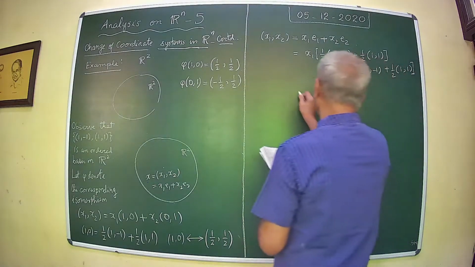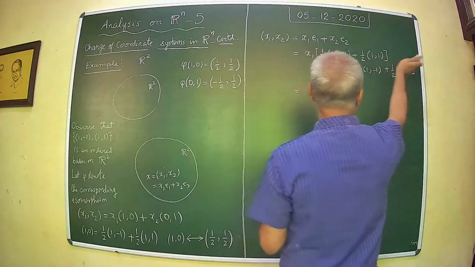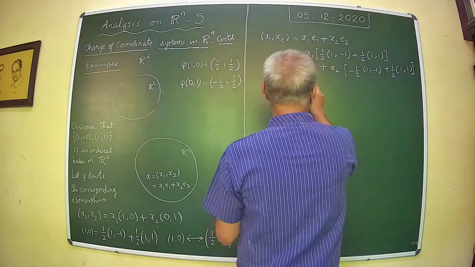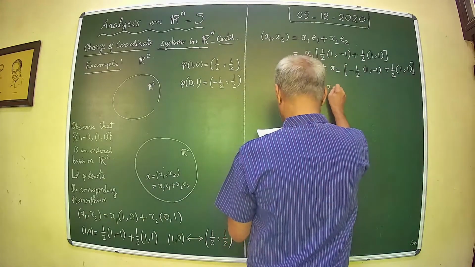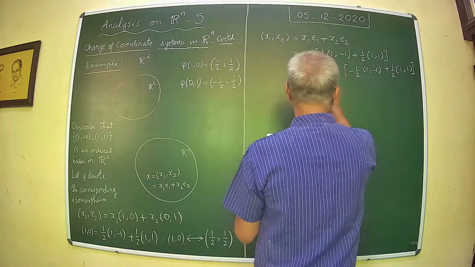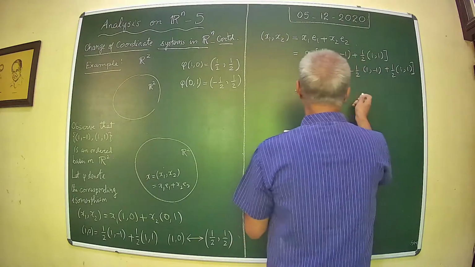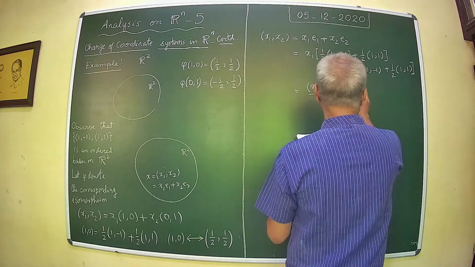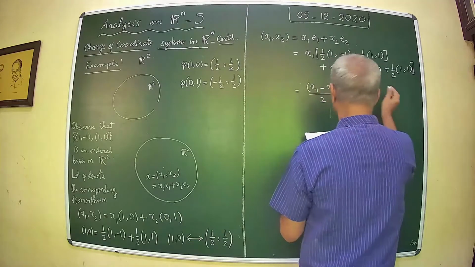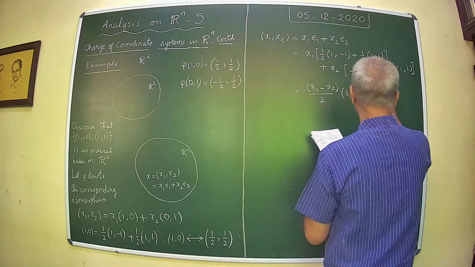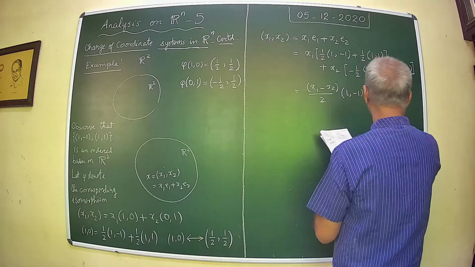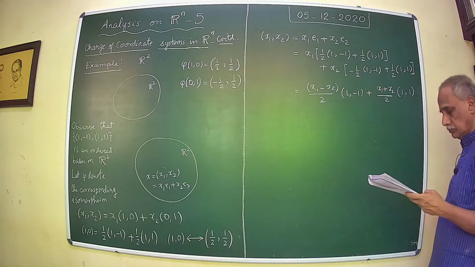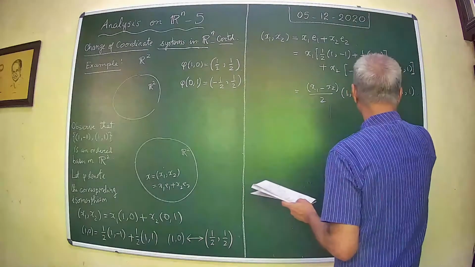Now you can rewrite this in terms of (1, 1) and (1, minus 1). So you see that this is equal to (x1 minus x2) divided by 2 into (1, minus 1) plus the remaining term into (1, 1). So what do you get?